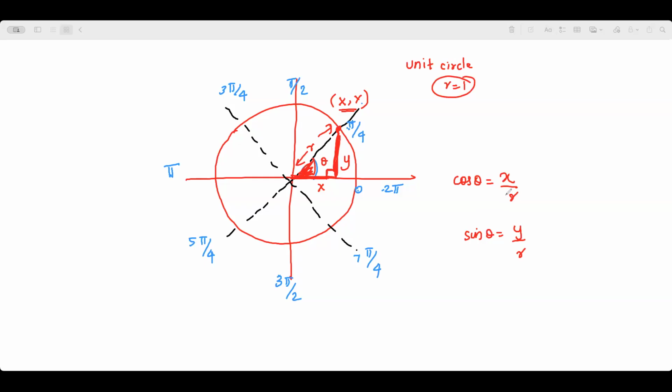So how do we write out x? This is going to be 1, this is going to be 1. So I can write out x as cos theta, y as sin theta. As a result, instead of marking all these points as x comma y, I mark it out as cos theta comma sin theta. Any questions?